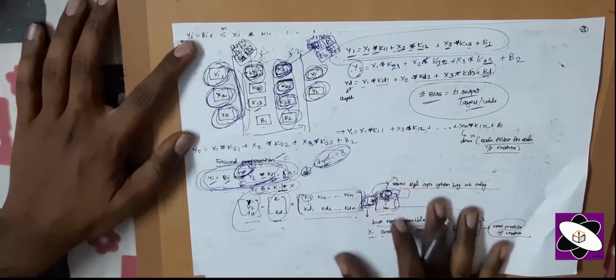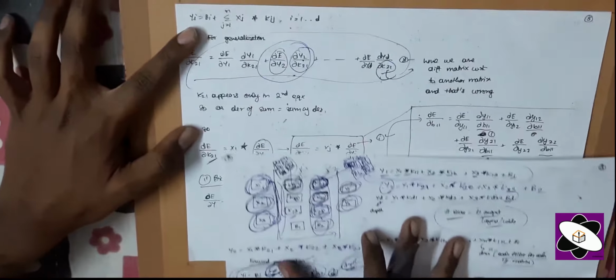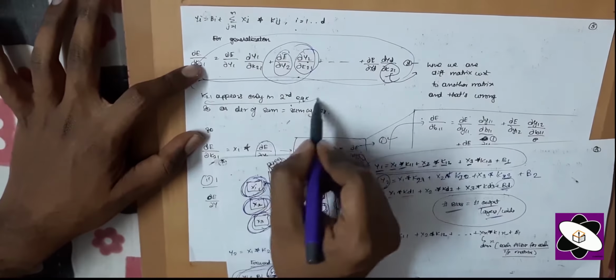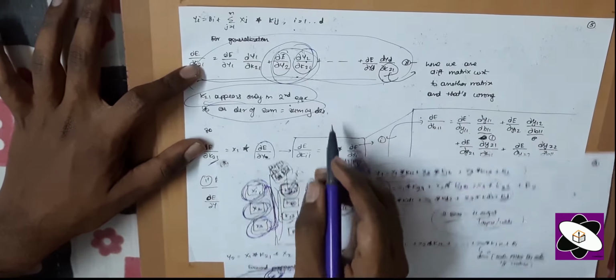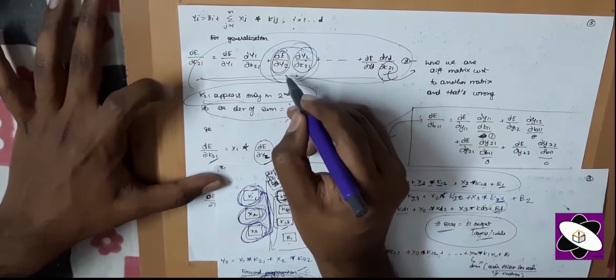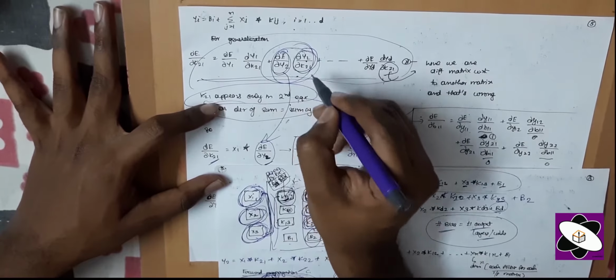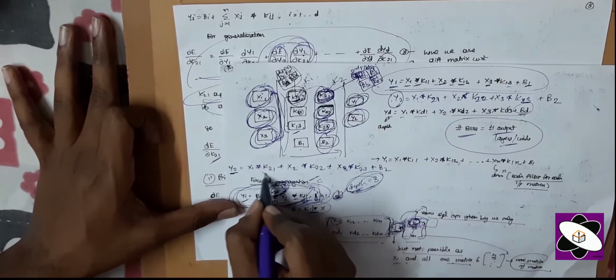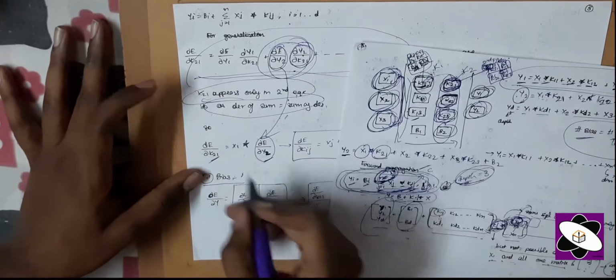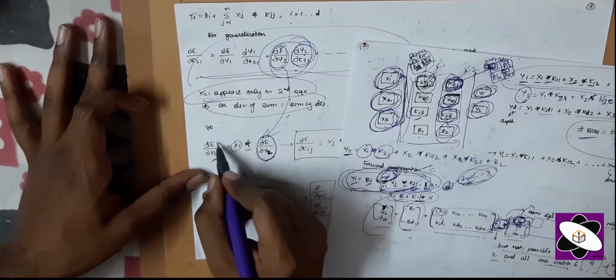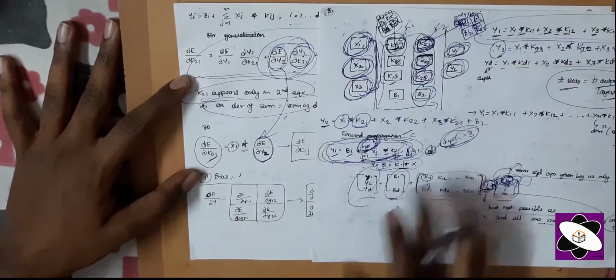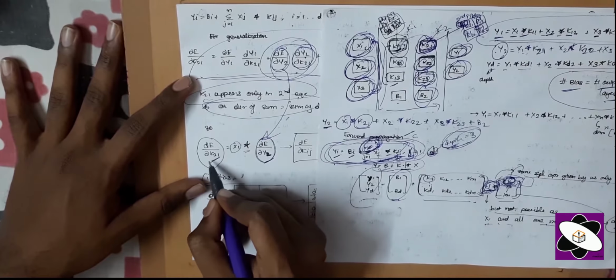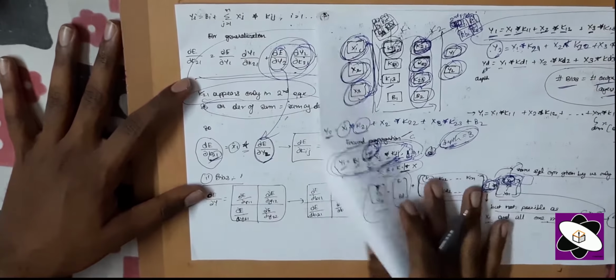As you can see, k21 appears only in the second equation, and dL by dY2 will come as it is, and dY2 by dK21 is nothing but x1. So we give x1 convolved with dY2, which is the derivative of loss with respect to k21.